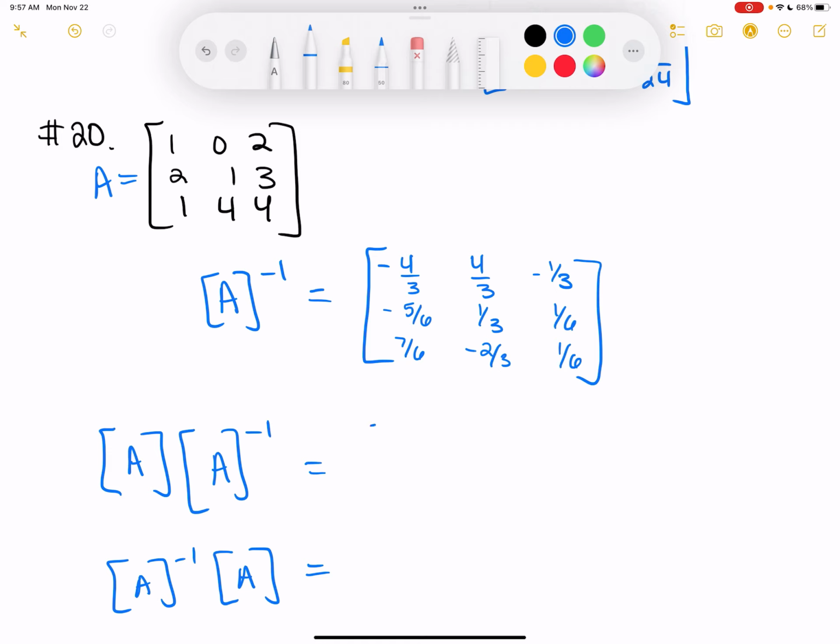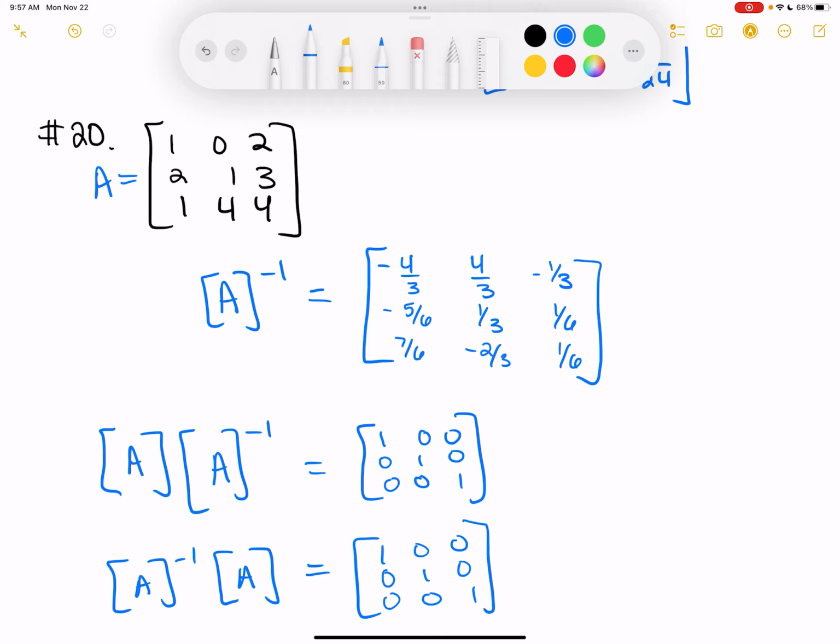If it doesn't come out to be 100010001, it's wrong. As long as you get this, then it's right. For the next one, if you had stored it, you could do matrix B times matrix A, or you can do second matrix A, then put your inverse on it, then second matrix A again, hit enter, and again you should get 100010001.